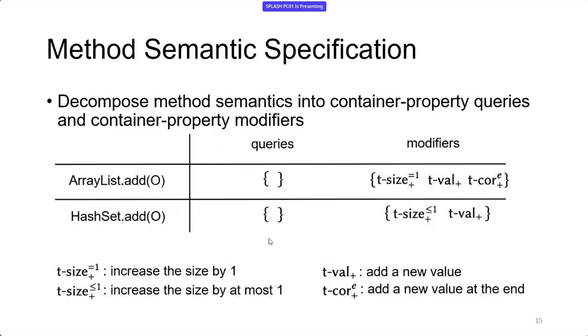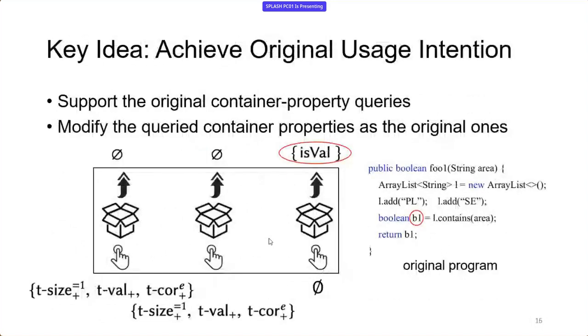And also, the add method of the hash set and array list actually modifies the size, value ownership, and index value correlation in a specific manner. So if we want to achieve the original usage of the container, we need to make sure that the original container property queries can be supported, and also that such properties can be modified in the same way as the original one.